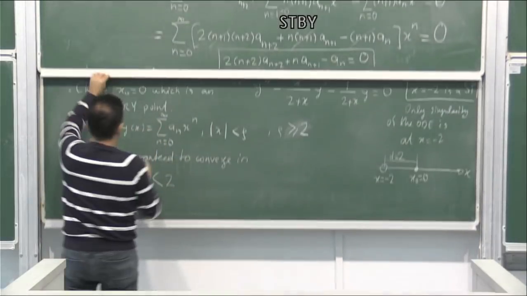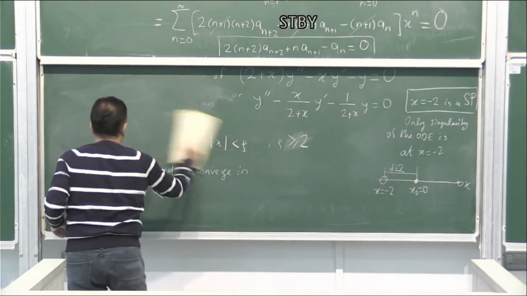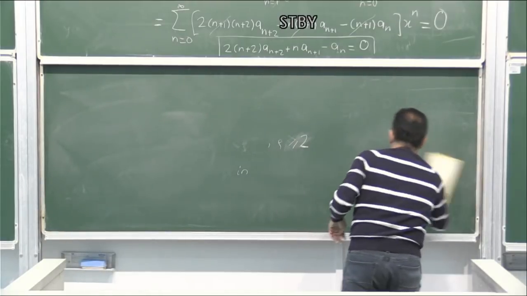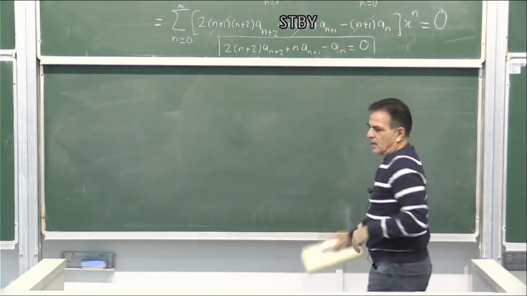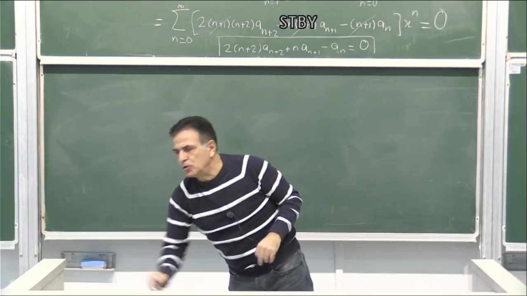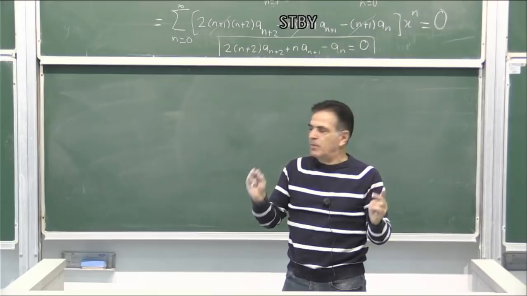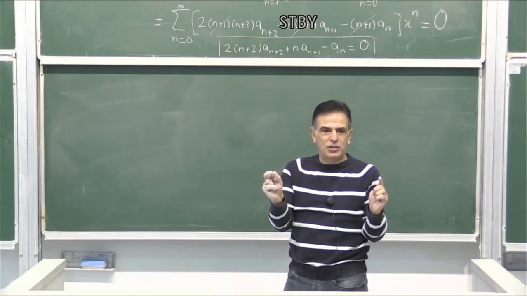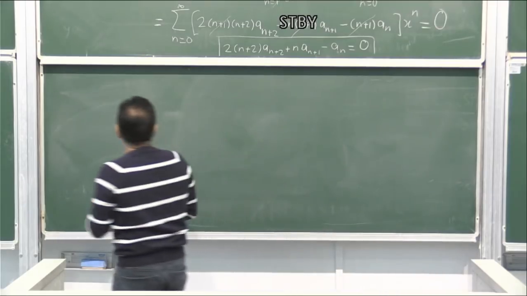So the recursion we obtain is, so do not forget, we expand the solution about 0, and the power series about 0 has at least the radius of convergence, which is 2. At least 2 is the radius of convergence.